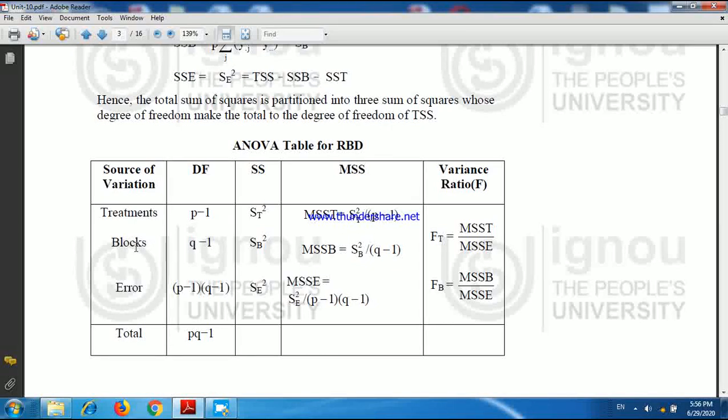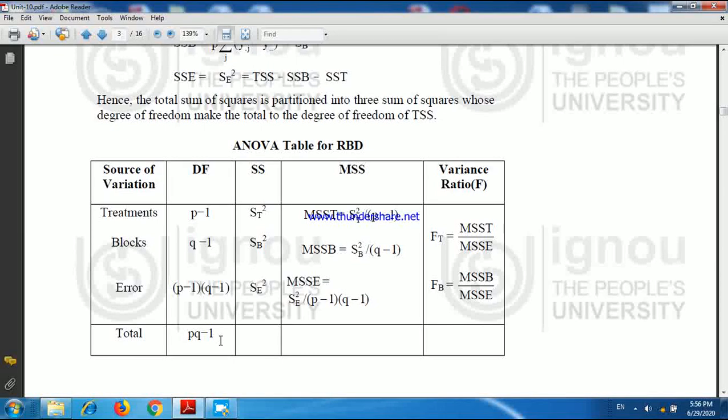Similarly here the source of variation blocks, and here errors. So in RBD, just like in two-way ANOVA, we have three sources of variation: treatments, blocks, and error.